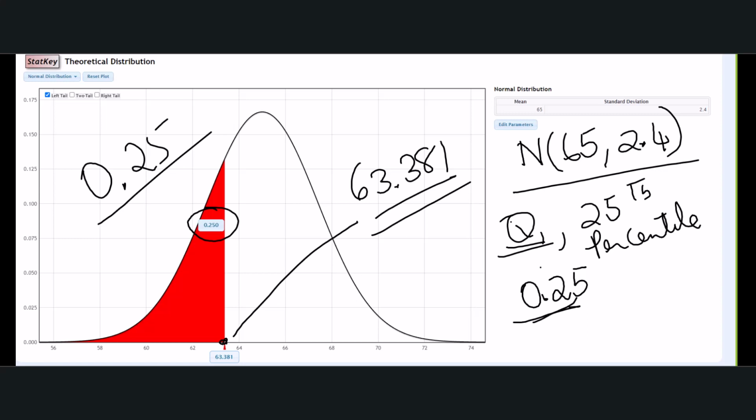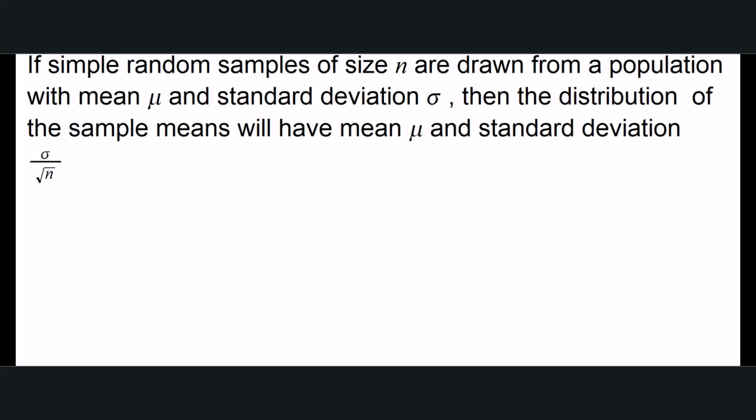All right, okay. And now let us further review the distribution of sample means. That is, if we draw simple random samples of size n from a population with mean mu and standard deviation sigma, then if we look at the distribution of sample means, which we denote by x bar, they will have the same mean, but the distribution of averages will be more consistent towards the mean, that is, lower standard deviation.